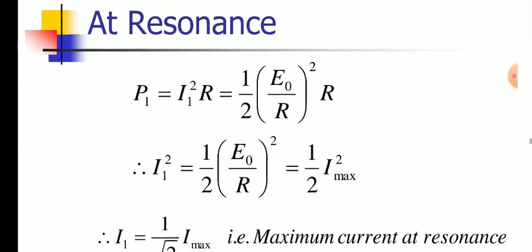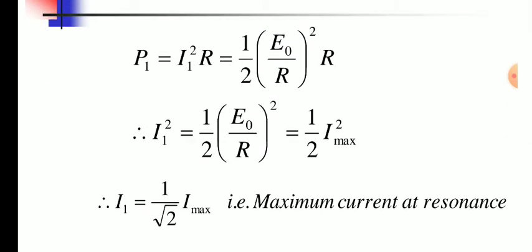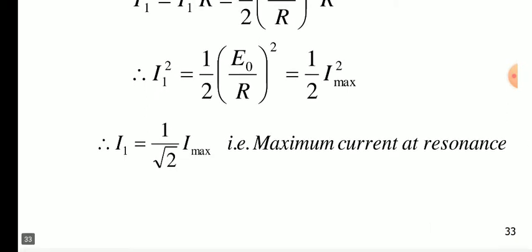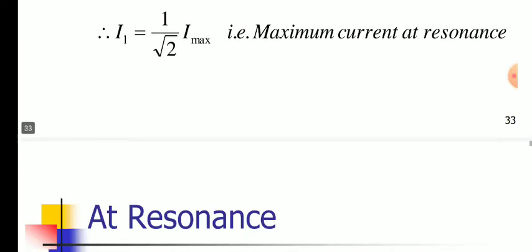Therefore P1 is equal to I1 squared into R, which is equal to half of the maximum power, that is 1 by 2 into (E naught by R) whole squared into R. On simplification, we get I1 equal to 1 by root 2 into I max, where I max is the maximum current at resonance.